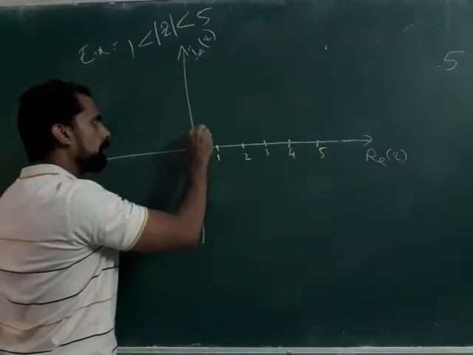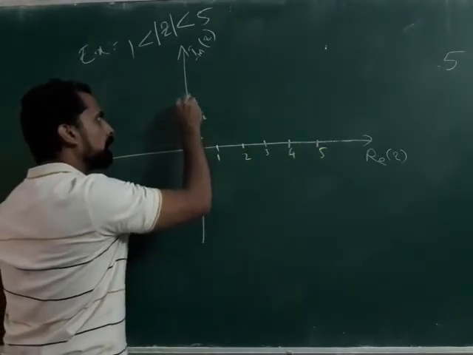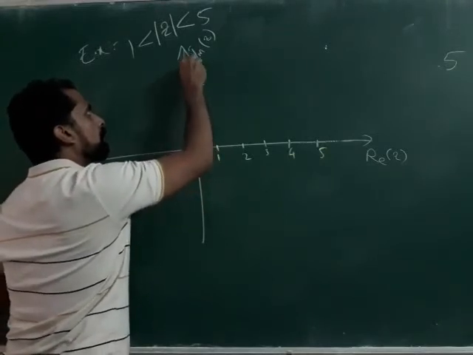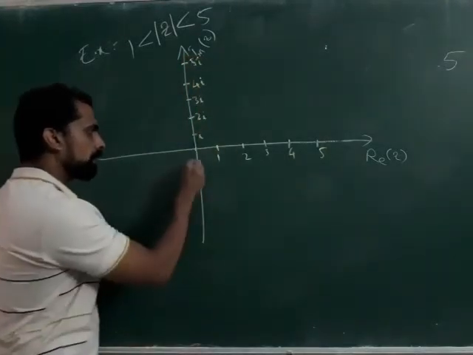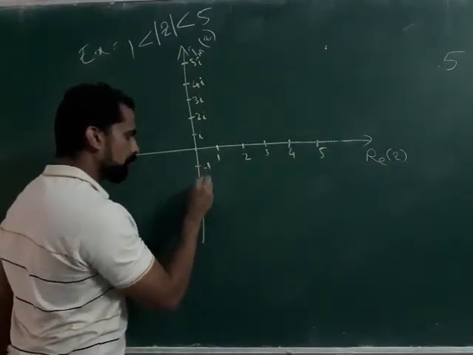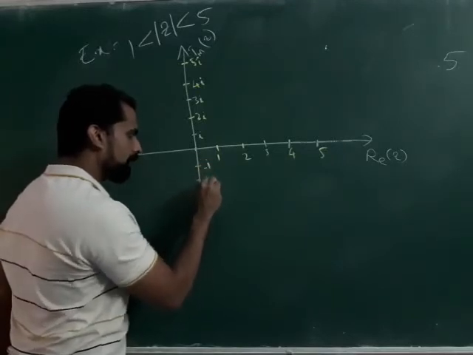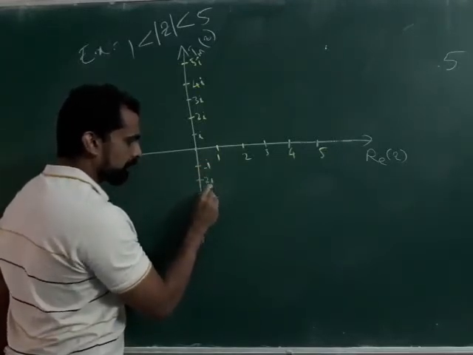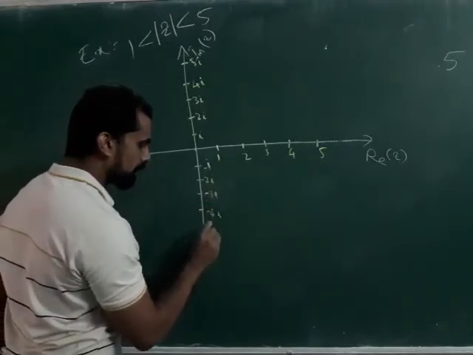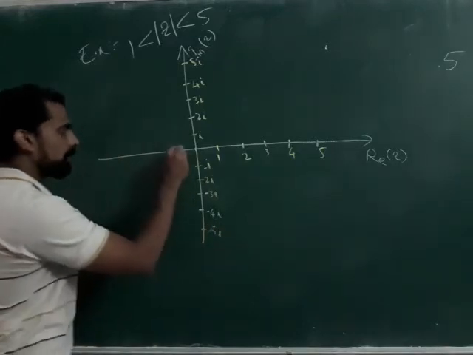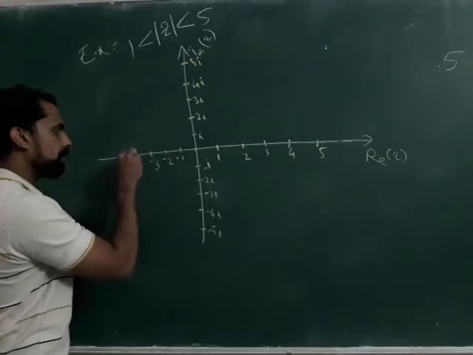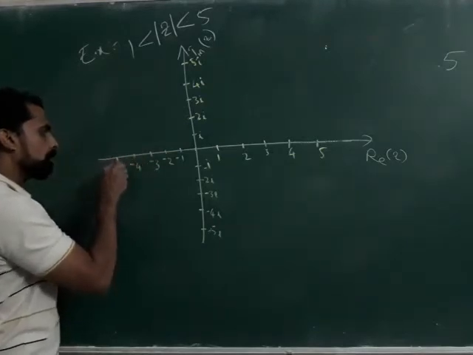Here this is I, 2I, 3I, 4I, 5I. Here this is minus I, minus 2I, minus 3I, minus 4I, and minus 5I. Similarly here, minus 1, minus 2, minus 3, minus 4, minus 5.